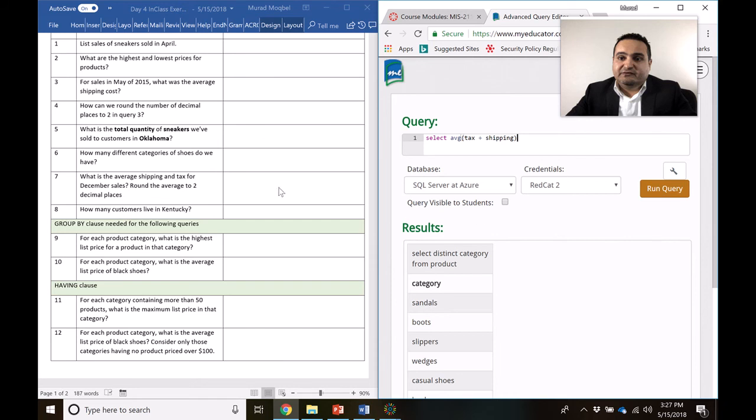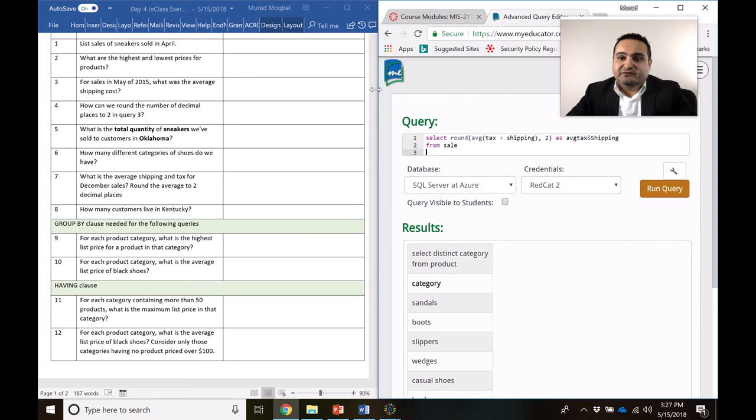And then they said round, right? So I'll round it all. And then I'm going to give it a meaningful name. So what is the average shipping? And so I'll say here as average tax and shipping. So from sale table.